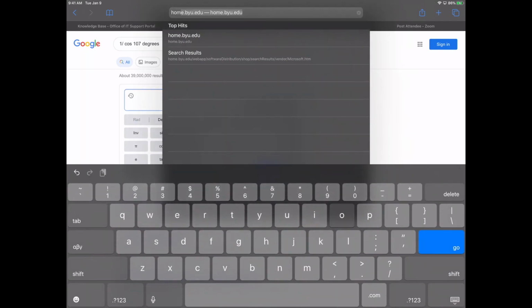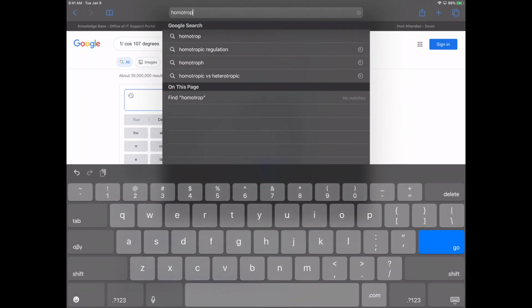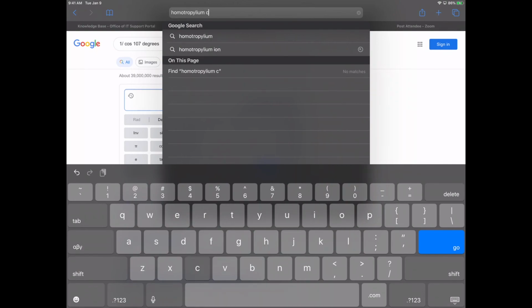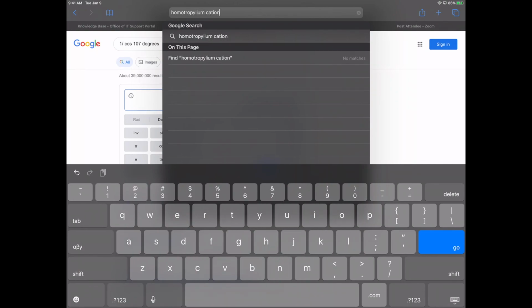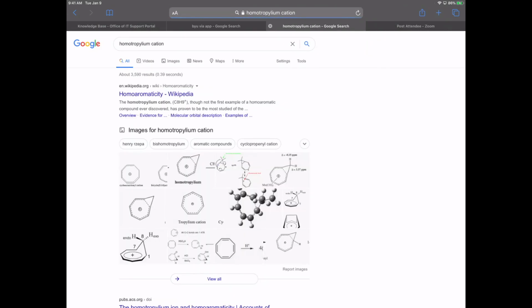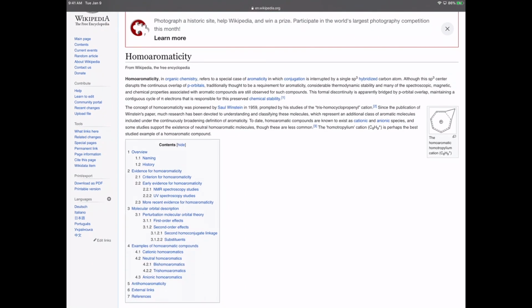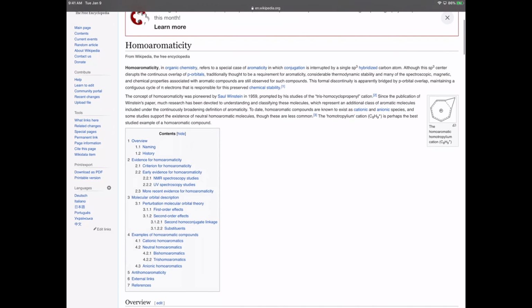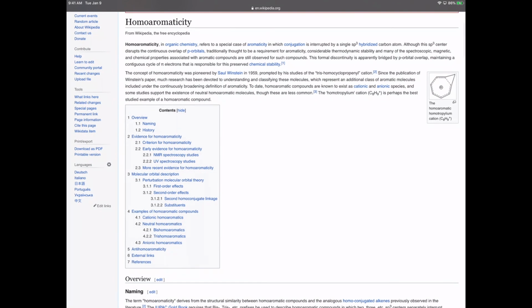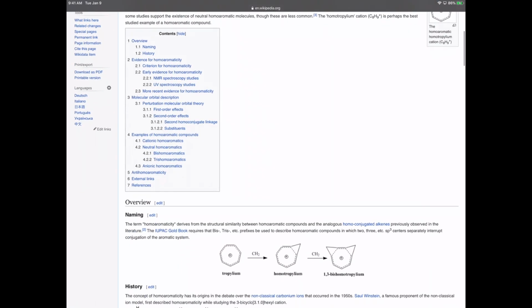I'm going to Google homotropilium ion instead of Sad Robot with bump on head. 1959. Let's see. Early evidence, blah, blah, blah.